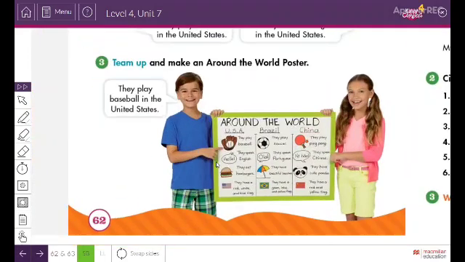Now in this one, you can make a poster about countries around the world. You can make a picture like this, but just make sure you draw. Usually in my class, I make groups of 3 or 2 to make this around the world poster, but because you can't work together at home, you just do it by yourself.